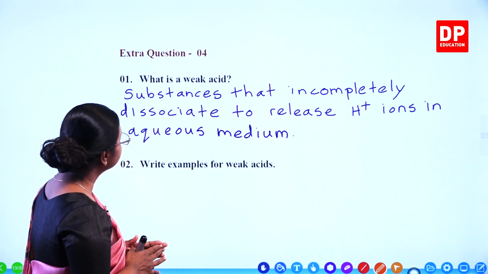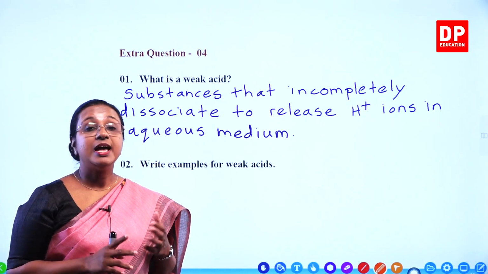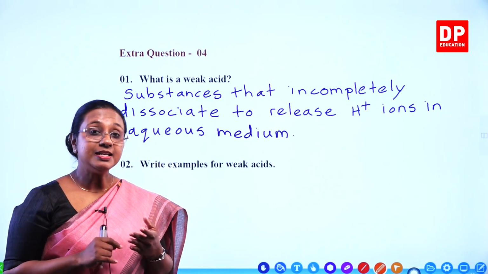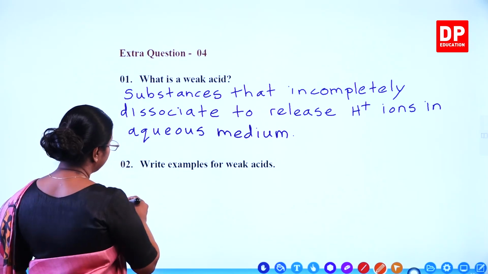Then write examples for weak acids. What are the weak acids you all know? Acetic acid, carbonic acid and citric acid, even phosphoric acid. So, you can write any.